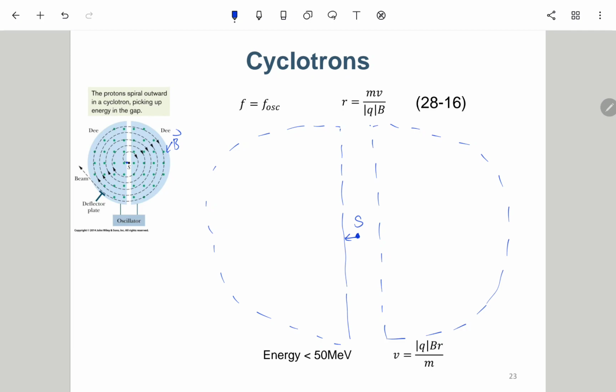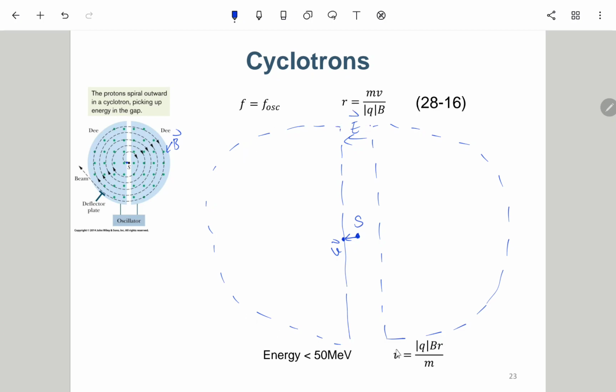If it is a positive charge, then at the very beginning we generate an E field pointing to the left side, so a positive charge will accelerate to the left side. It will have a velocity, let's say v, when it enters the left D shape.